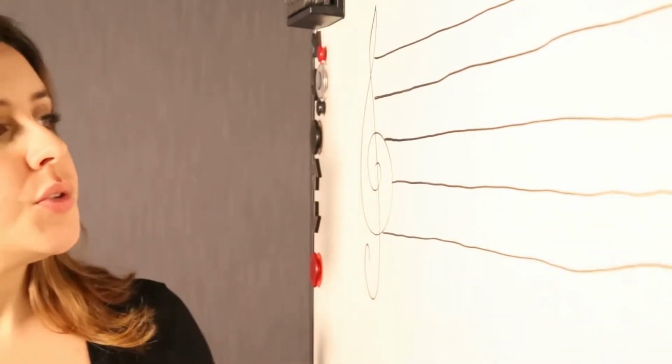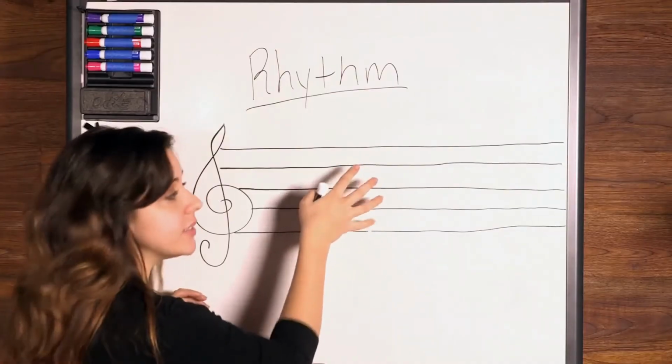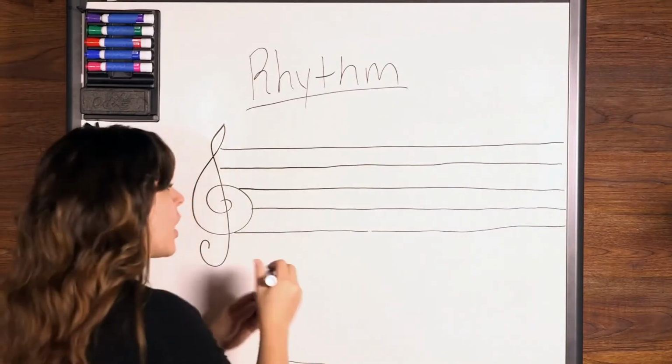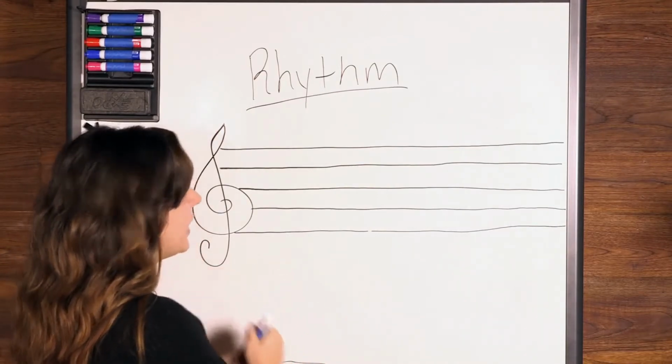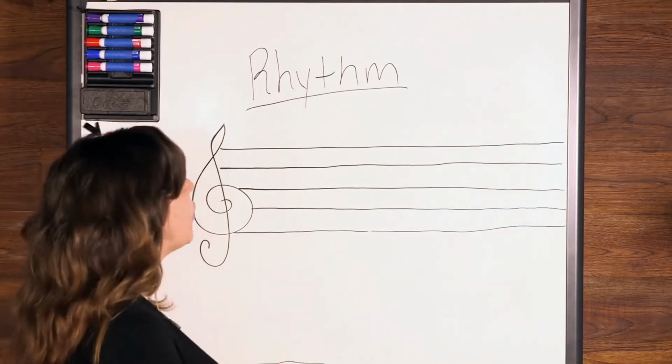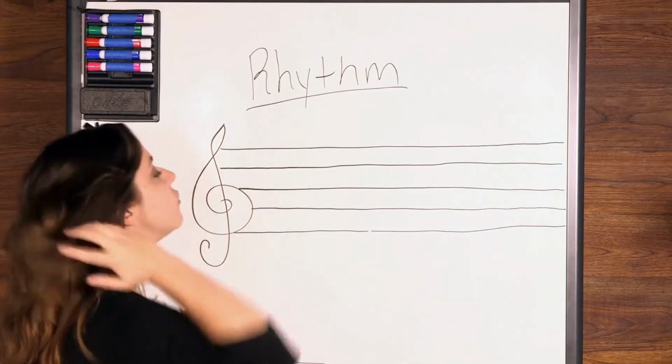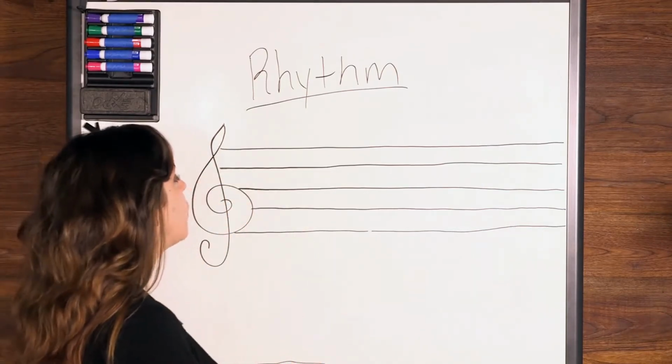Okay, so here we have our 5 lines and 4 spaces. Again, if you're unfamiliar, you can check my other video.